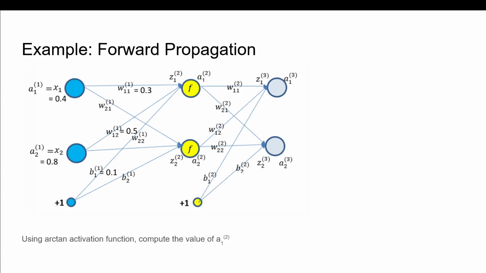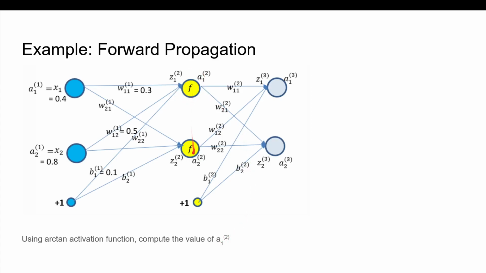Take a look at this neural network over here, and using this arctan activation function, you want to compute the value of A12. What does it mean by A12? This 2 over here is the layer, and 1 is the neuron over here.